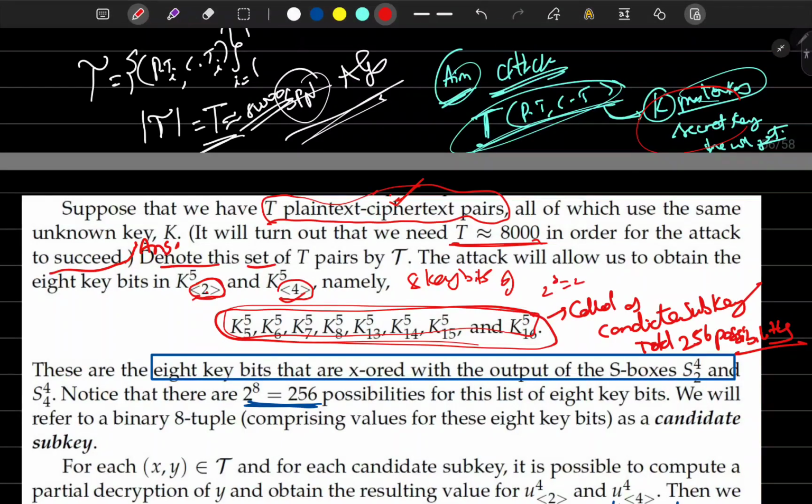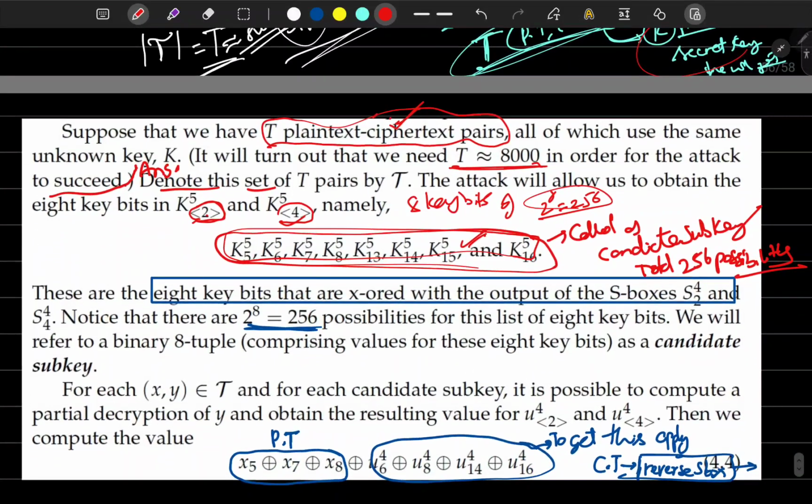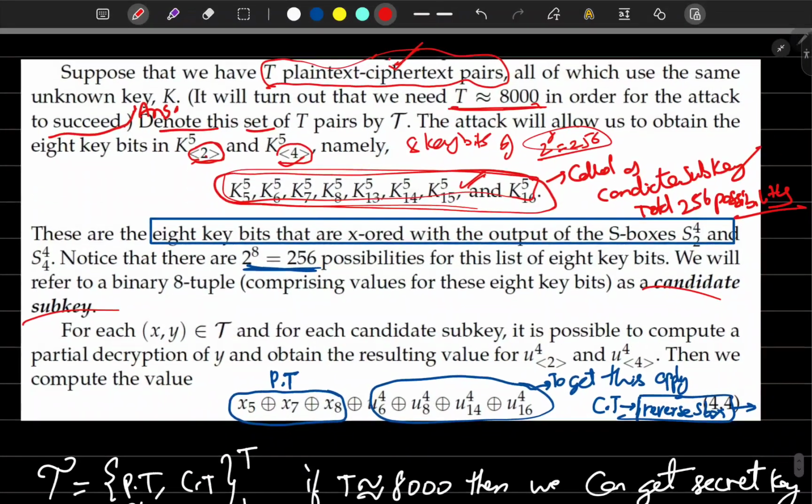There will be 2 power 8, which is exactly 256 possibilities. Since there are 256 possibilities, using the algorithm you will get the correct one. That's the beauty here. They call these 8 bits a candidate subkey. Okay, happy.